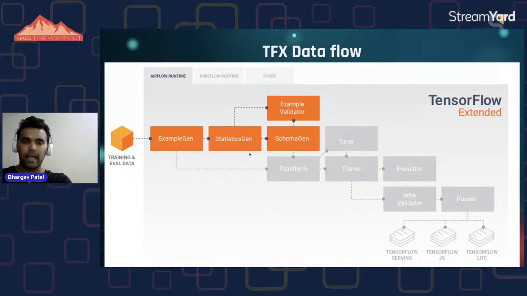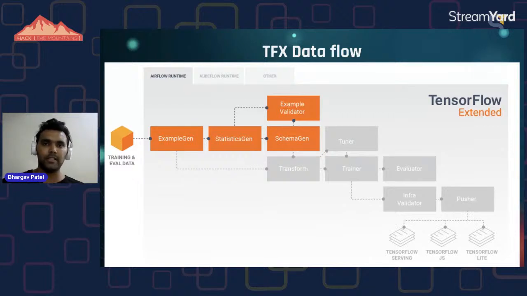Once we have this, we pass it to something called SchemaGen. What SchemaGen does is take all those statistics and generate a schema, as its name suggests. But that schema is very important because it contains all the information which describes what type of features we have.